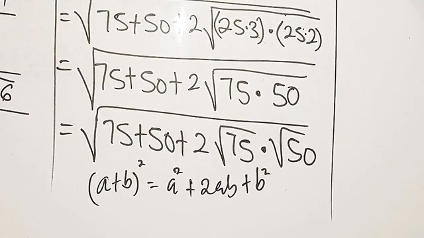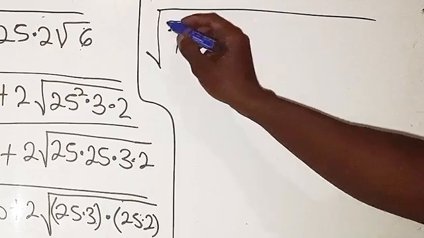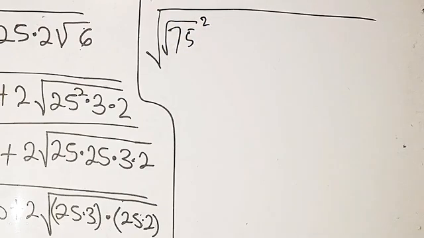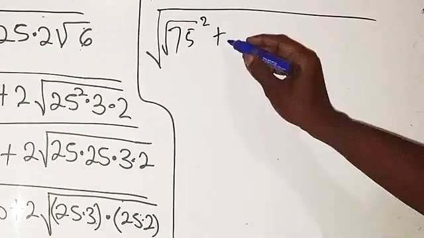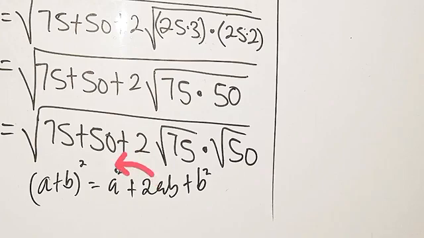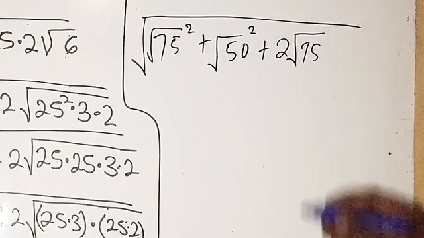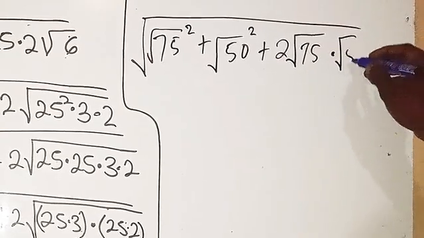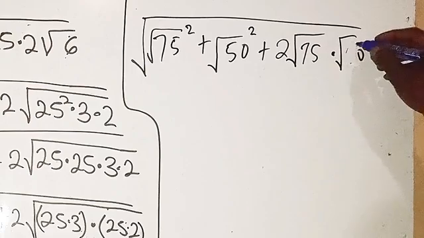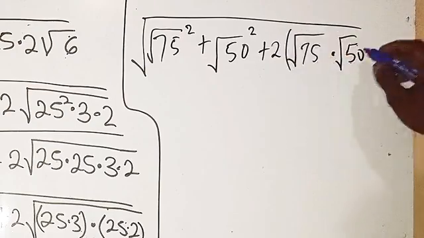So this is going to be like root 75 all squared, right? Then plus root 50 all squared, plus 2 root 75, dot root 50. So now let me put the parentheses here like this.